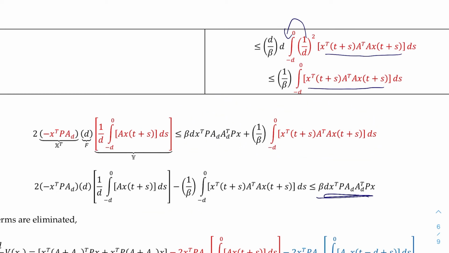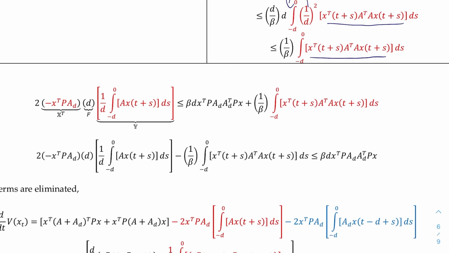All right, and now that was important. Why? Because we have 4 integral terms in our v dot expression, and we kind of eliminated 2 of them. Since integral terms are harder, we like to upper bound them by non-integral terms, because the non-integral terms are easier to handle, right?